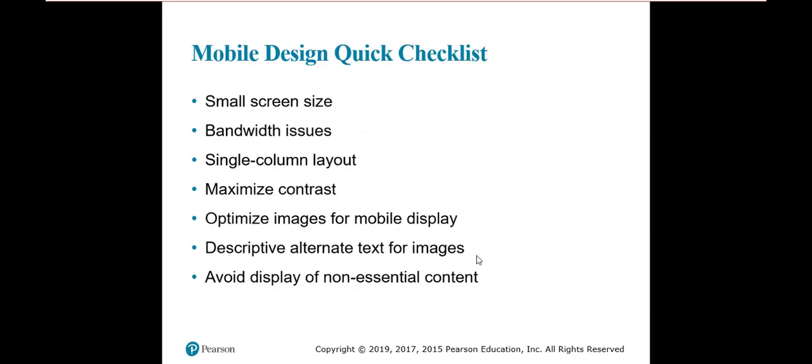So here is the checklist when you are designing for the mobile. You need to take a few points. The one thing is that you are designing for a small screen. A mobile screen is a small screen. And the second thing is the bandwidth issue. Maybe you do not have good bandwidth, and when you are designing for the mobile, it should be a single column.